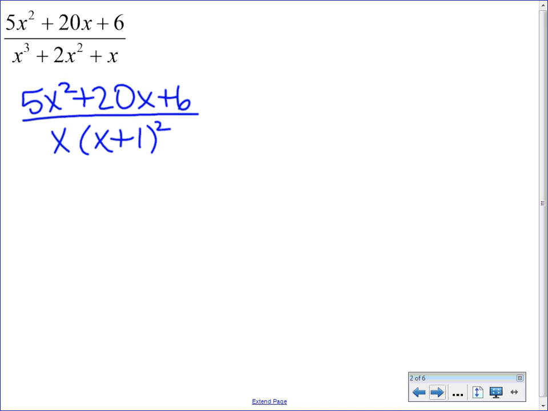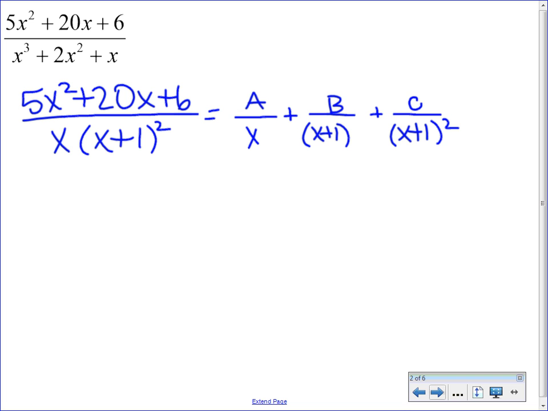So we have three factors, where x plus 1 is a repeated linear factor, which means all of our numerators are going to be constant since our factors are all linear. Okay, so this is as far as we got yesterday.